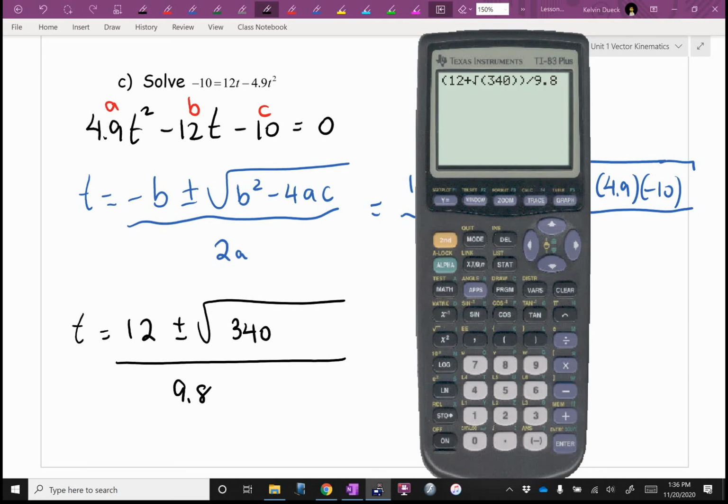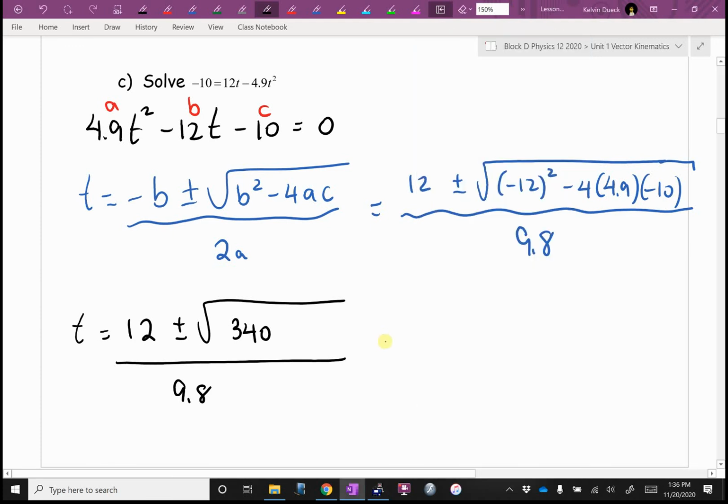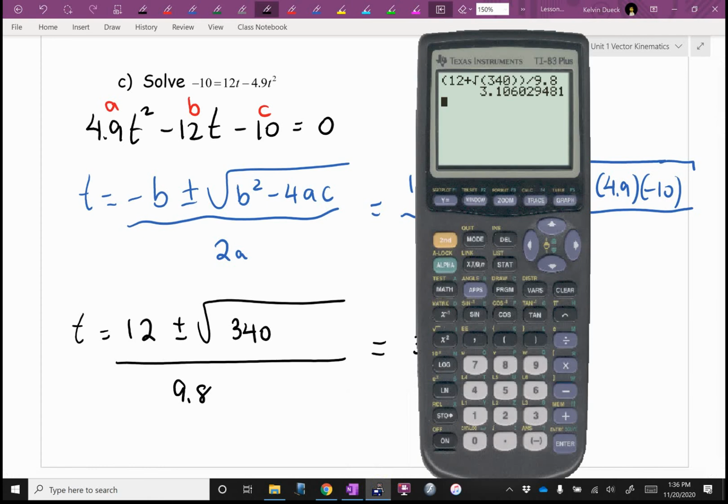So one of the answers you all got, positive 3.106. And then I'm going to backspace and edit because I can. Negative 0.657.